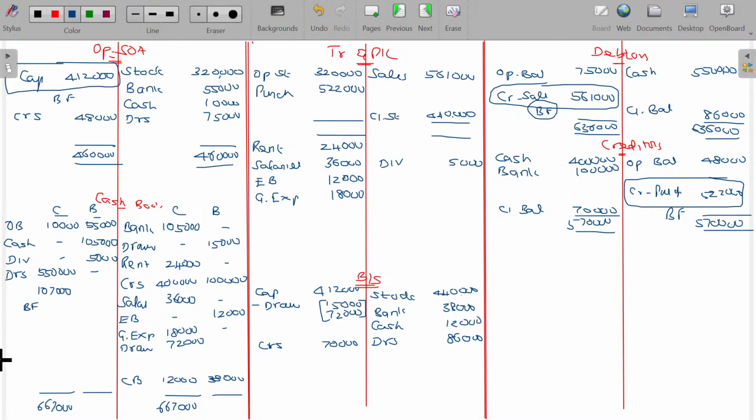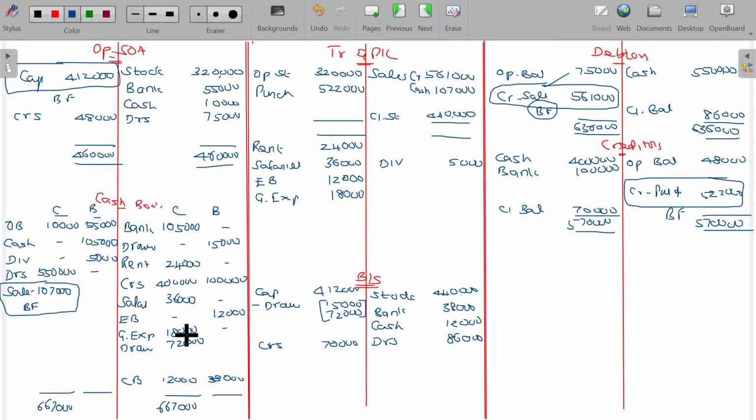What about this one? Any other income on the receipt side? It may be any other income, or we got the credit sales, or it can be cash sales. Otherwise, you can name this as other income and post that in the credit side of the P&L account, also acceptable. So here I assume this is cash sales, 1,07,000.